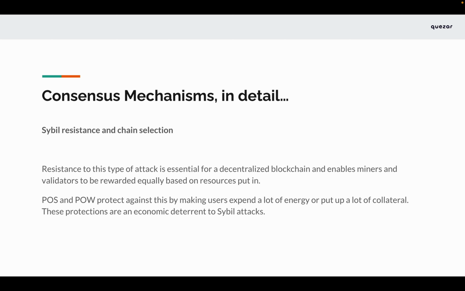The resources put in by the miners or validators actually make up the collateral. In proof of work, you have all of the hardware resources and the energy expenditure being put as the collateral. If miners are not rewarded there, they suffer a loss. And in proof of stake, you have a high amount of ether staked upfront as collateral.